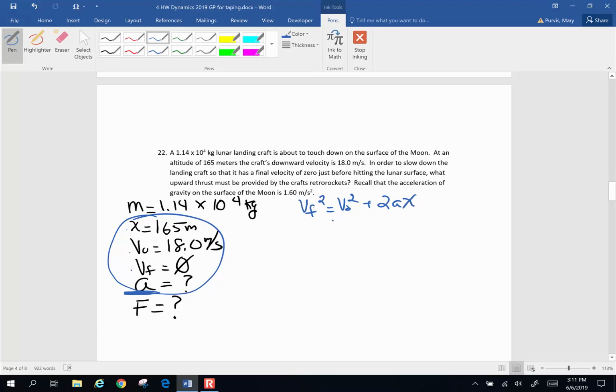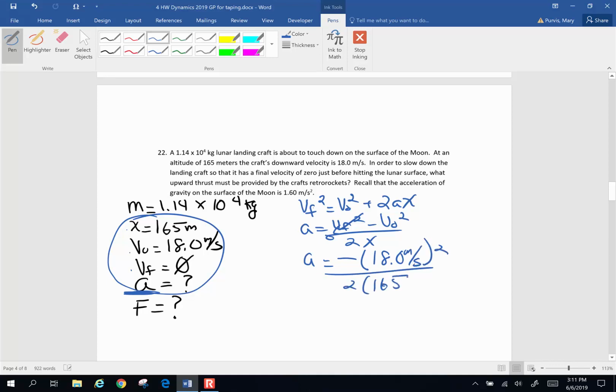If I solve for a, it is final velocity squared minus original velocity squared, divided by 2x. Final velocity is going to go to 0, so acceleration is going to be minus original velocity of 18 meters per second, quantity squared, divided by 2 times 165 meters.